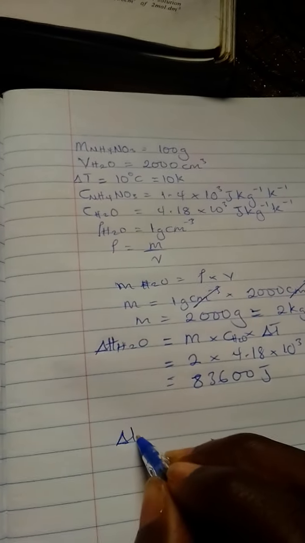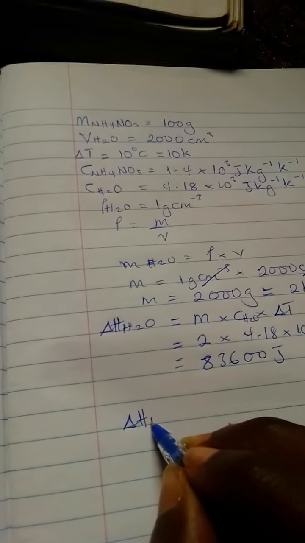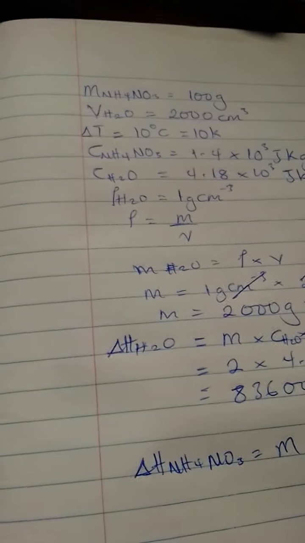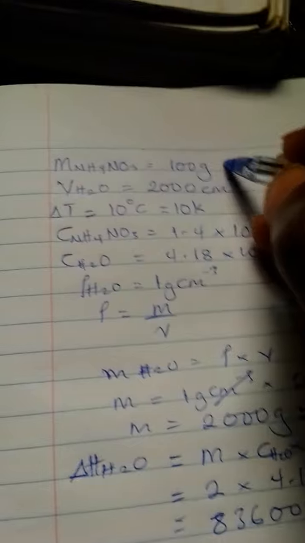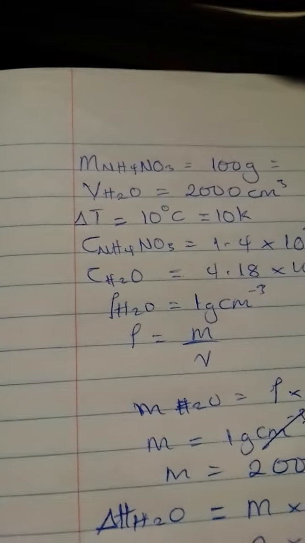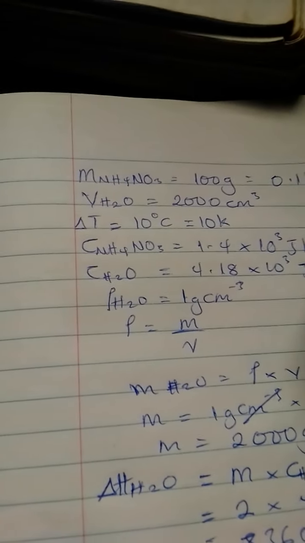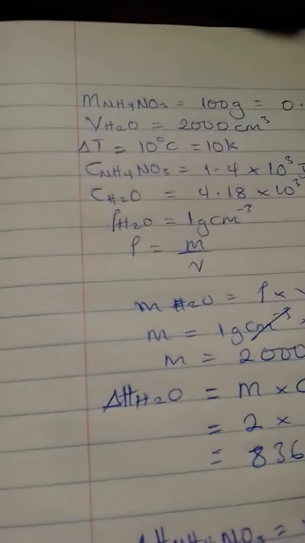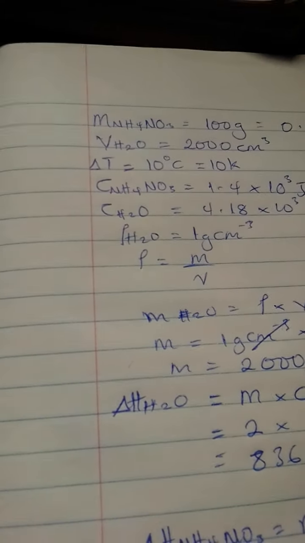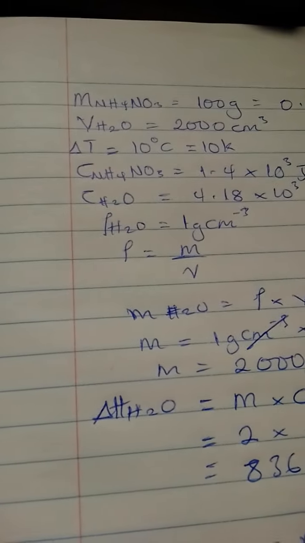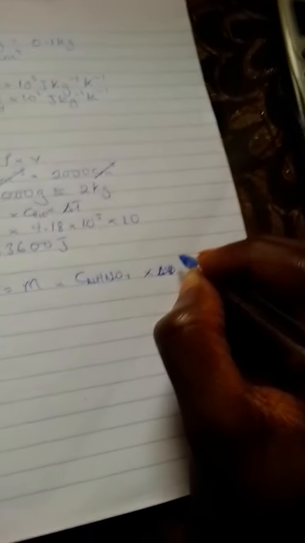So the heat change of NH4NO3 is equal to the mass of ammonium nitrate, and the mass too must be changed to kilograms, so we divide it by 1000, giving 0.1 kilogram, right? So the mass times the specific heat capacity of ammonium nitrate(V) times the change in temperature, like this.